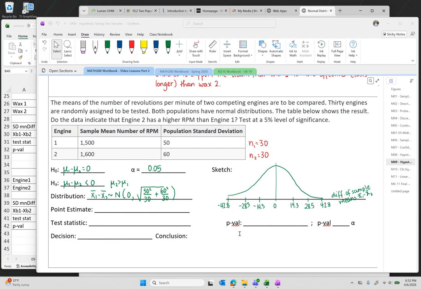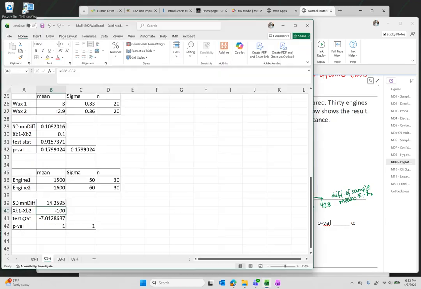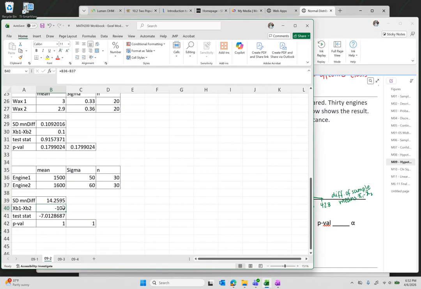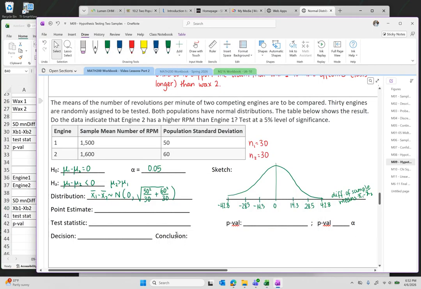The point estimate is the difference between the two means, so it is negative 100. Remember, we are subtracting mu1 minus mu2 and x1 bar minus x2 bar. So your point estimate is x1 bar minus x2 bar.